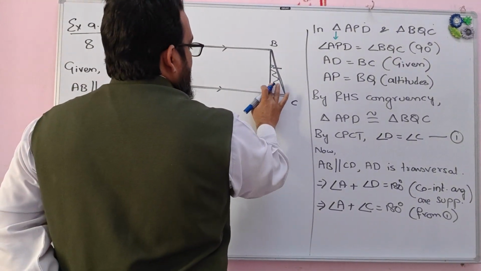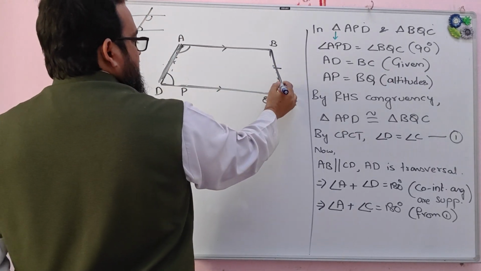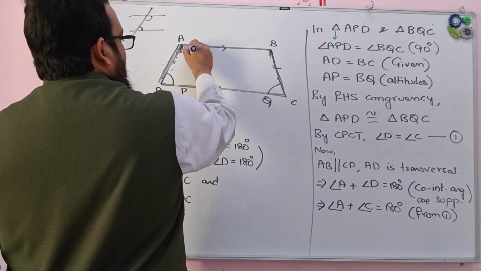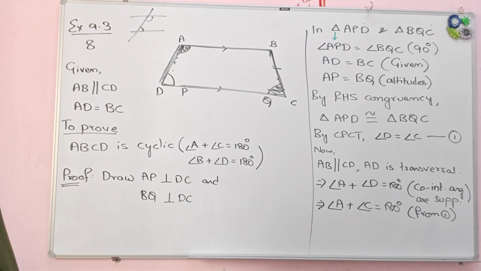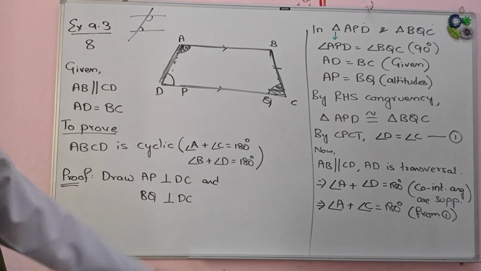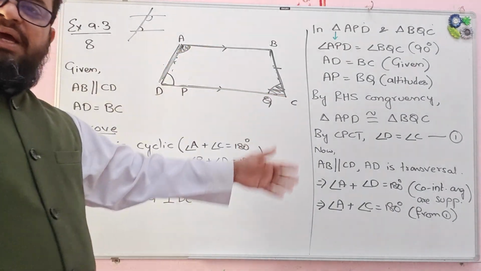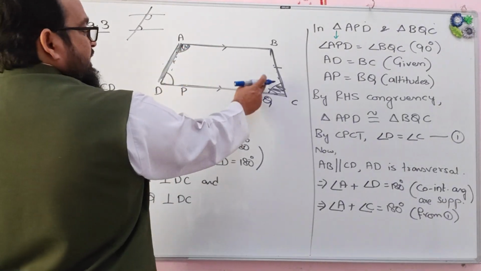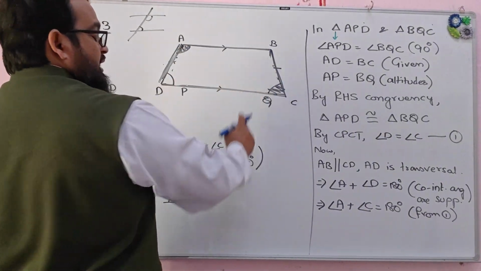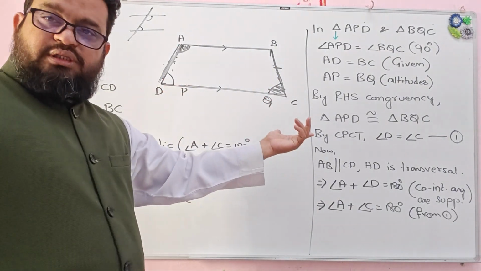So now what is angle A plus angle C? What are these two angles? Are these two opposite angles? Angle A and angle C. Yes, these are opposite angles. So since the sum of opposite angles is equal to 180 degrees, this is a cyclic quadrilateral. Is it right? Angle A plus angle C is 180. That means angle B plus angle D is also 180 degrees because the sum of all four angles is equal to 360.